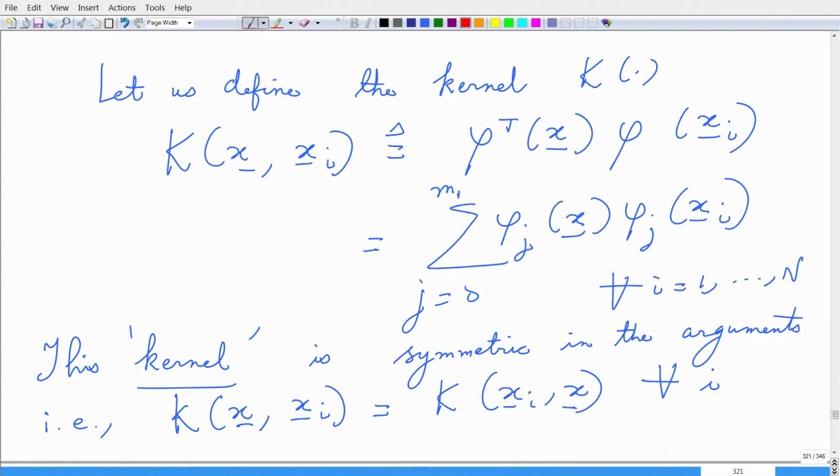Xi is a vector in the input space, and x is also another vector, and they are linked via this nonlinear transformation. Writing it compactly, this kernel is basically summation j equals 0 to m1 phi j of x times phi j of xi, where the index j indicates the coordinates.